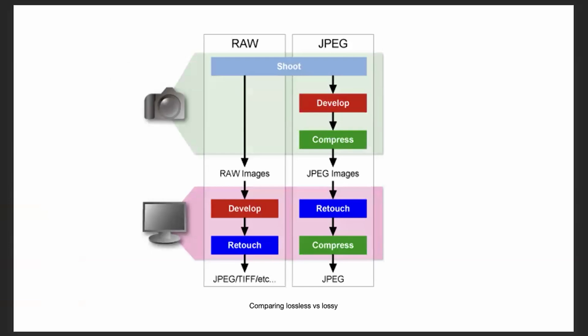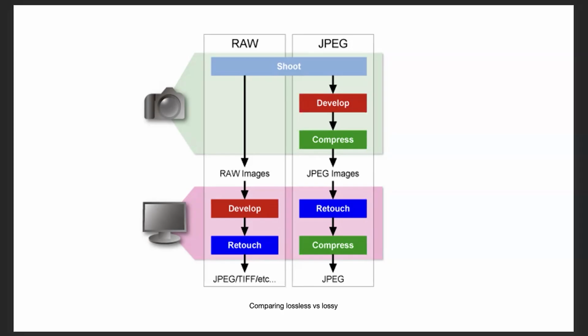So here's just a graphic to show you how we can set either RAW file formats or JPEG file format within our camera. With the RAW one, we create the photograph and nothing happens to it within the camera. We take that RAW file, put it on our computer, we open it up in our Adobe software.